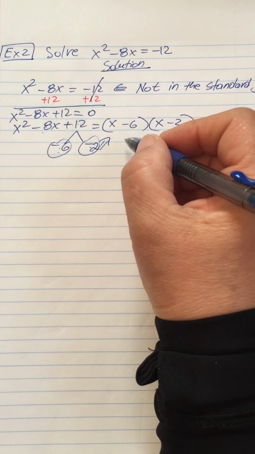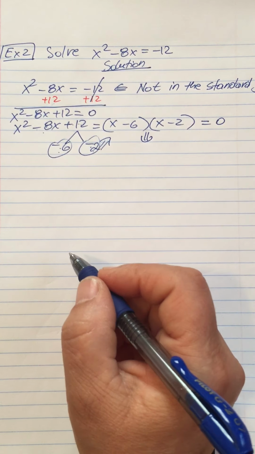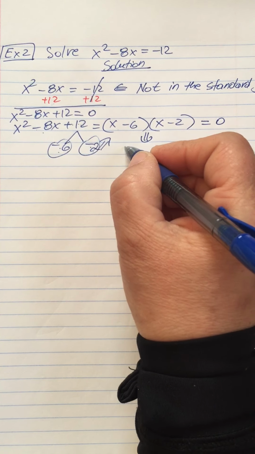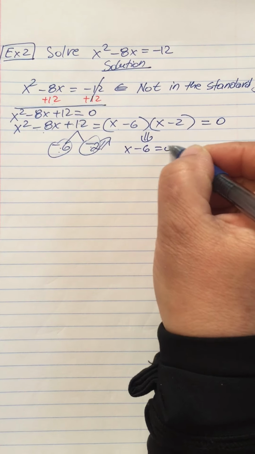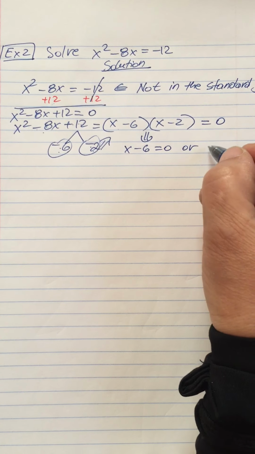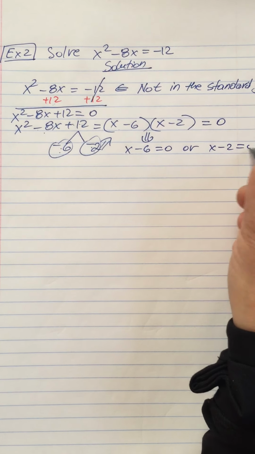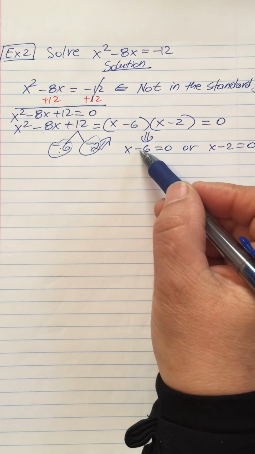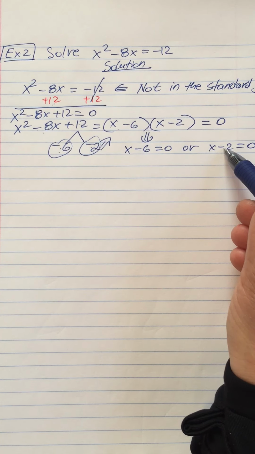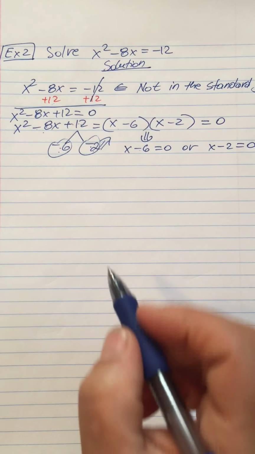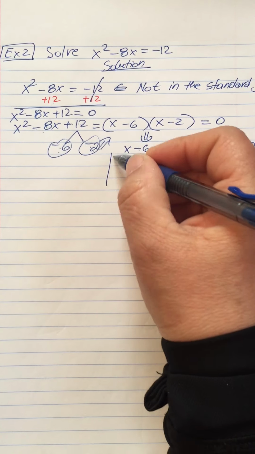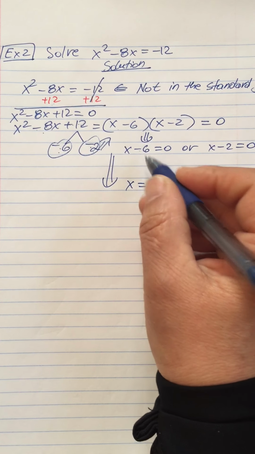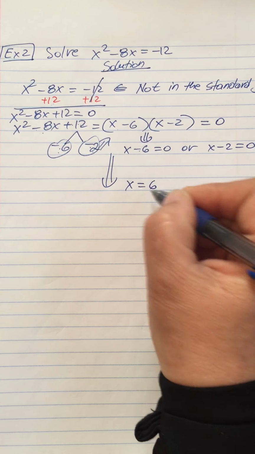And now I will use the zero product property. So I will set each factor equal to 0. x minus 6 equal to 0, or x minus 2 equal to 0. And when I do this, I know that I change the sign, and x is 6 and here x is 2. Just changing the sign. Let me change the sign and then I will solve the equation. So x is the opposite, 6.